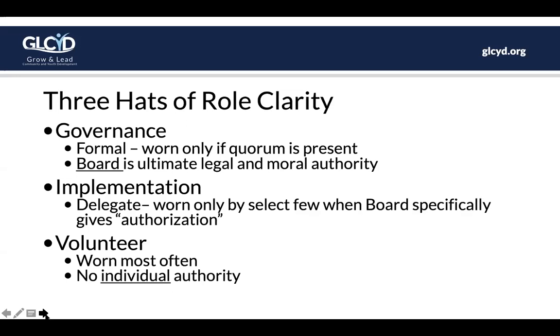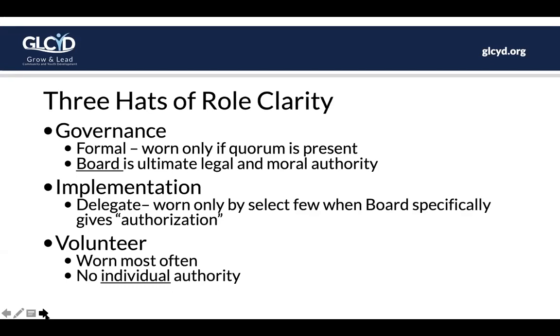This is not necessarily worn by every board member, but it's given to a member that may be the chair of a committee or a task force. So a little bit outside of the boardroom, they still have authority.